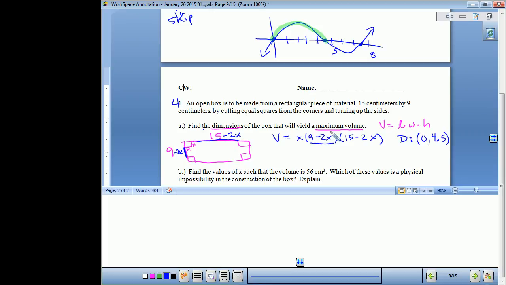What about the 7.5 and on? Okay, it has to be between 0 and 4.5, so 7.5 isn't even in the picture. The only part of this graph that matters is what I highlighted in green. In context of the problem, nothing over here and nothing over here exists.